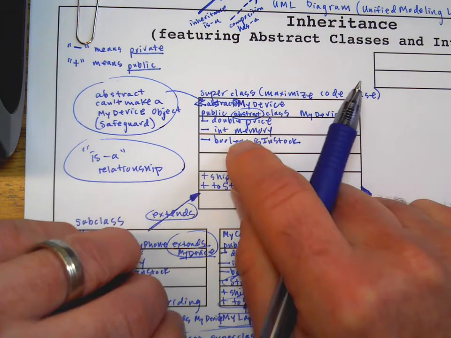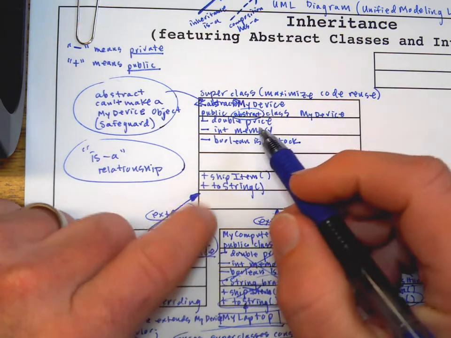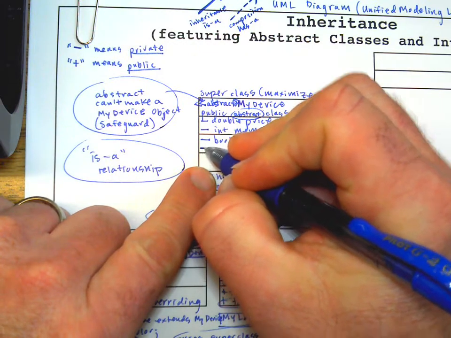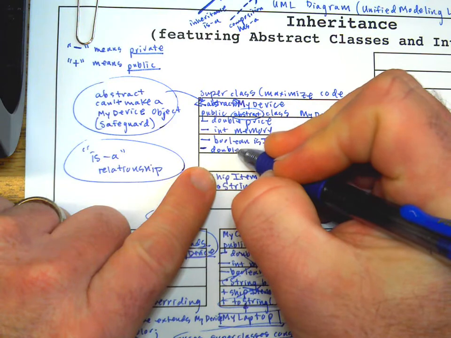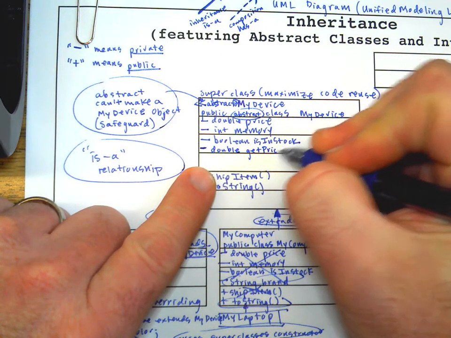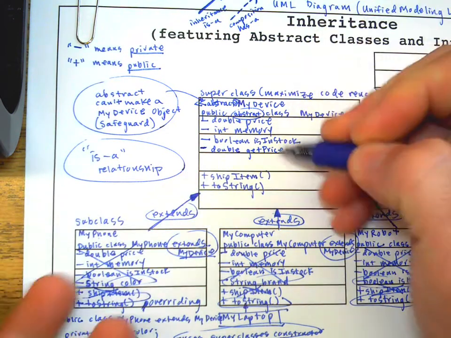So we're going to need to add a couple new methods to the superclass. We're going to add the getter, the public method, double getPrice. And we do it in the superclass because they all have that in common.